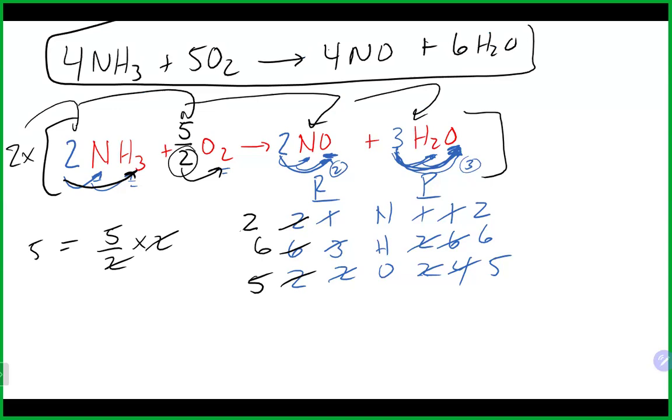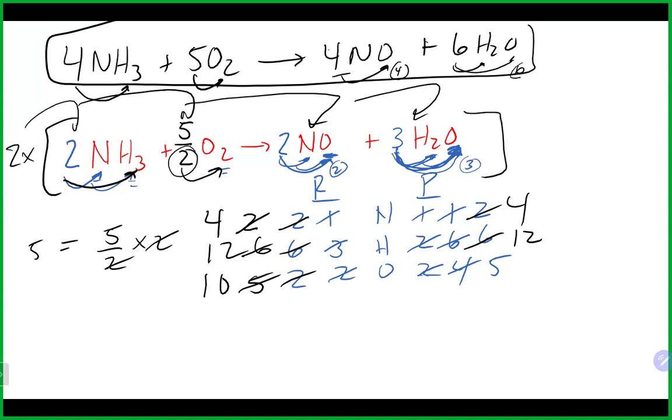We now have in our final equation 4 nitrogens on the left. We also have 4 on the right. We have 4 times 3 here, which is 12 hydrogens. 6 times 2 is 12. And 5 times 2 is 10. And 4 times 1 is 4. And 6 times 1 is 6. 6 and 4 is 10. And now we have a balanced equation.